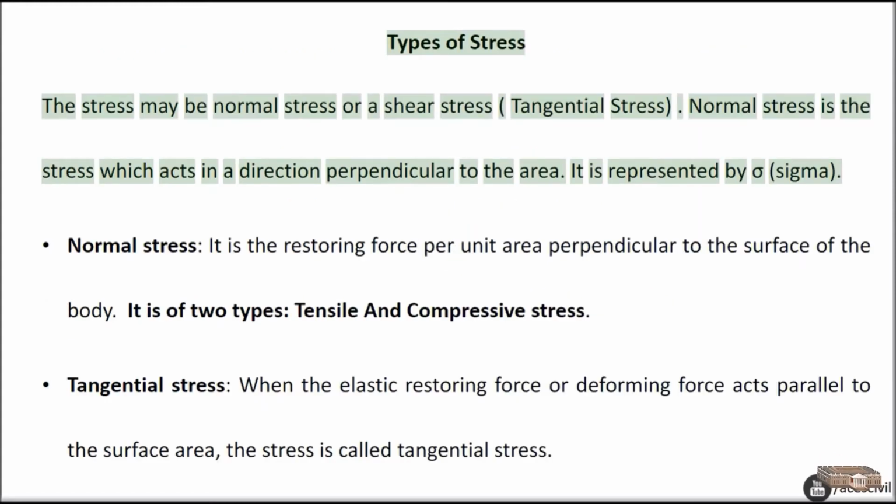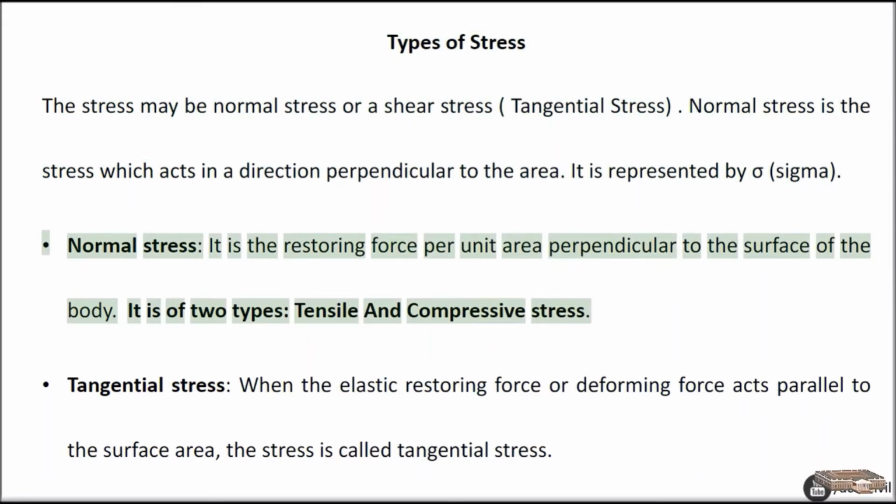Types of stress. The stress may be normal stress or a shear stress, also called tangential stress. Normal stress is the stress which acts in a direction perpendicular to the area. It is represented by sigma.